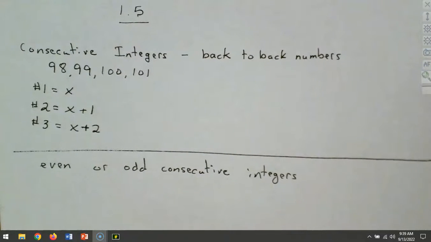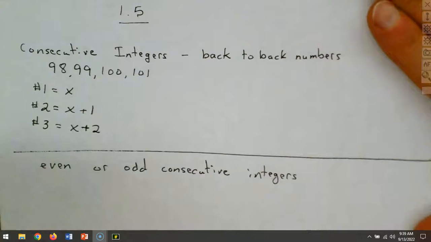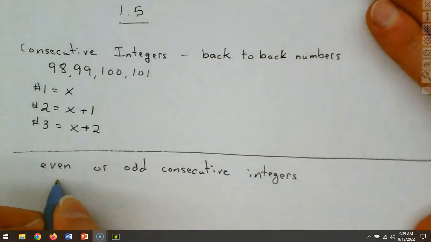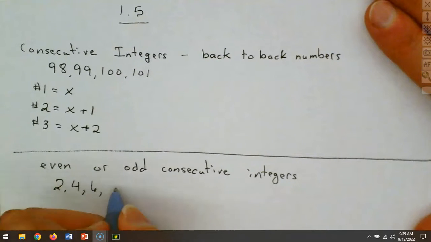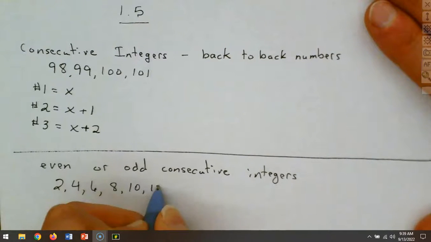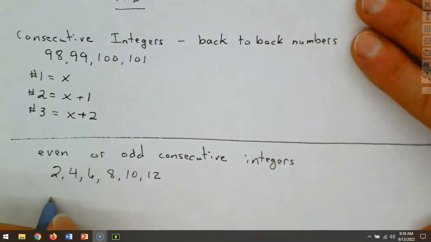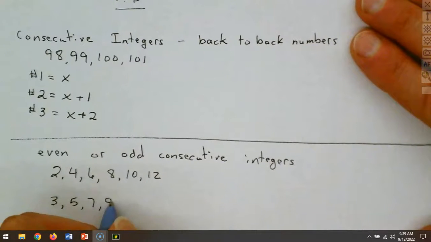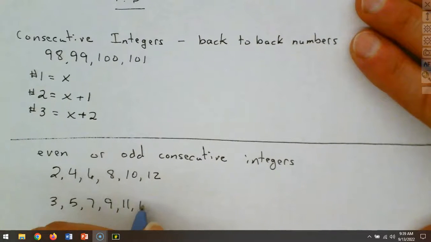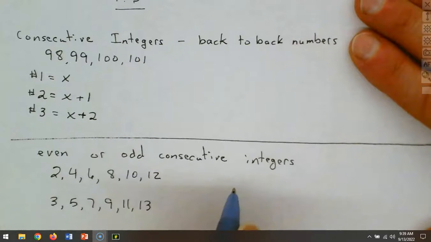But when we talk about consecutive even or odd integers, these are going to be things like 2, 4, 6, 8, 10, 12, and so on. Or they can be things like 3, 5, 7, 9, 11, 13. These have a gap of 2.